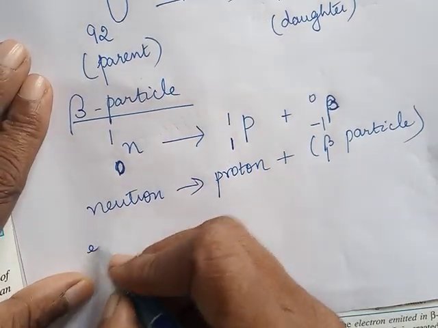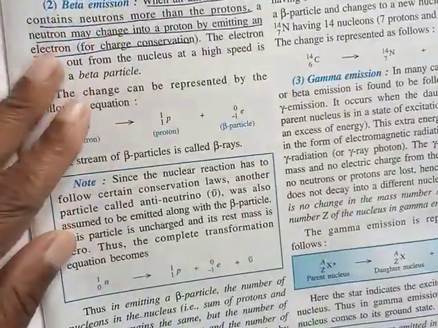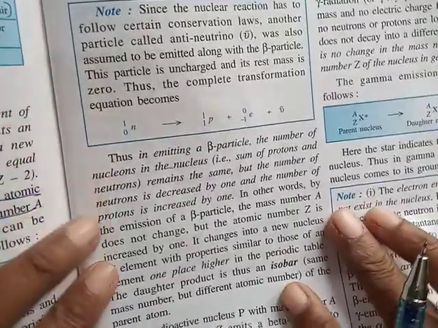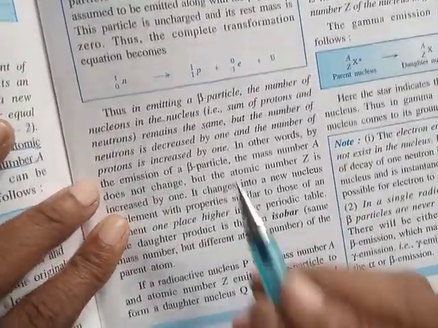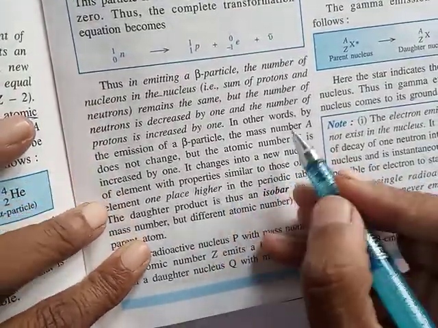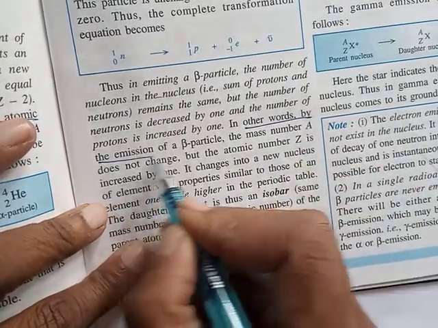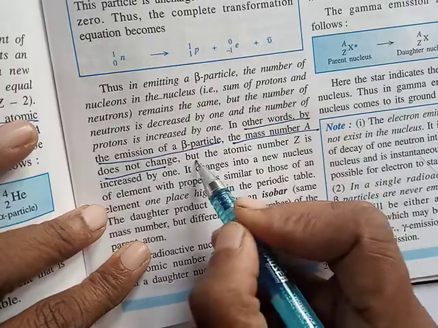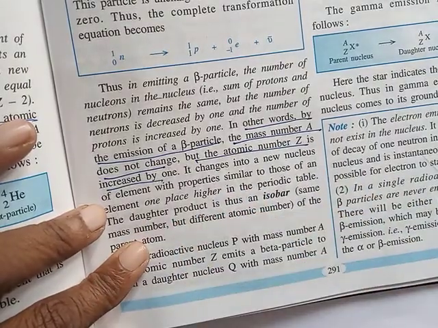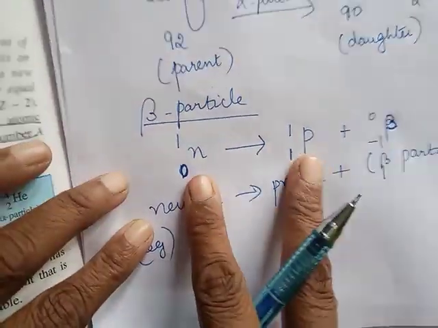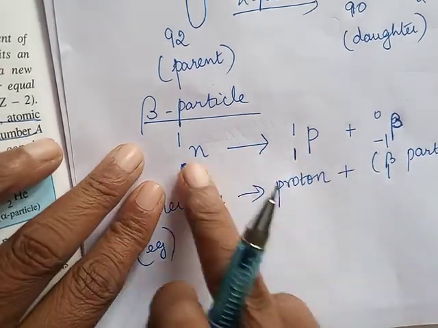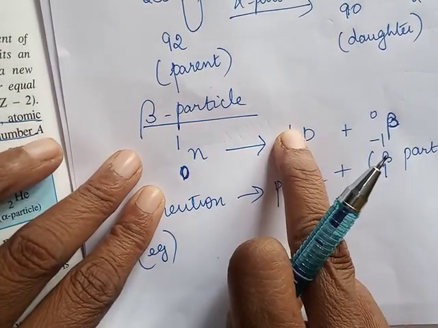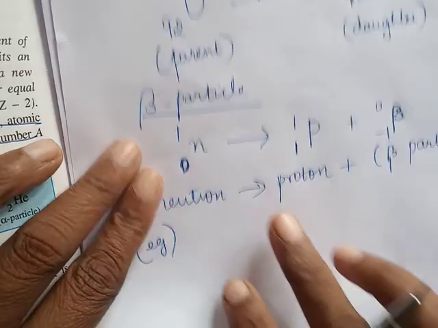Again, let's take one specific example. Now let's underline a few things. In other words, by emission of a beta particle, mass number does not change, but atomic number changes by 1. If you compare these two elements, their mass number is the same.